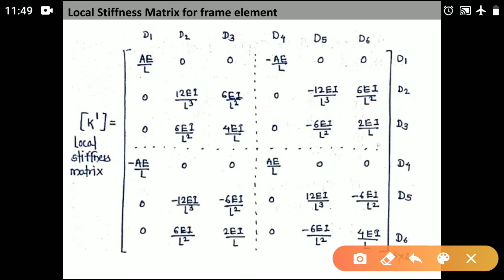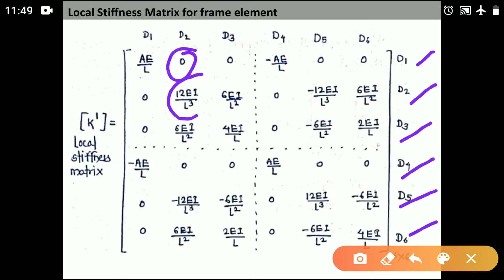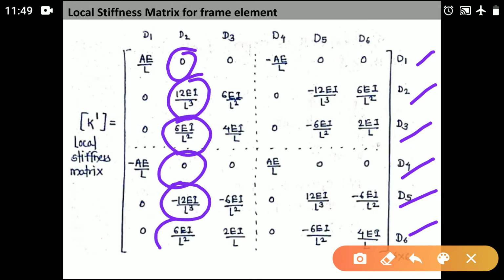So in all 6 figures, when D1 equal to 1, D2 equal to 1, D3 equal to 1, D4, D5, D6, you have to see node A, and at that node A, what is the corresponding reaction in vertical direction. From all these 6 figures, these values are taken, and these values are the reaction at end A in 6 figures. So let us see.